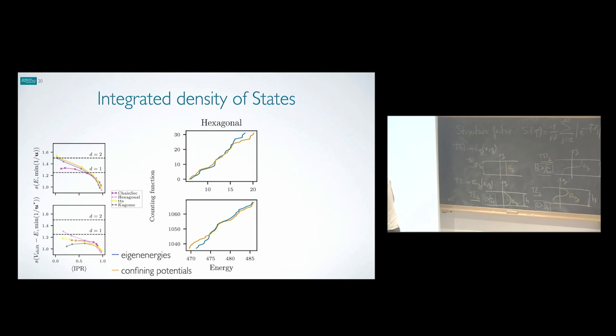We obtain a very good approximation. The eigenenergy is in blue, and the cumulative function built with the minima of the confining potential is in orange. And we obtain something which is a very good approximation at low and at high energy.